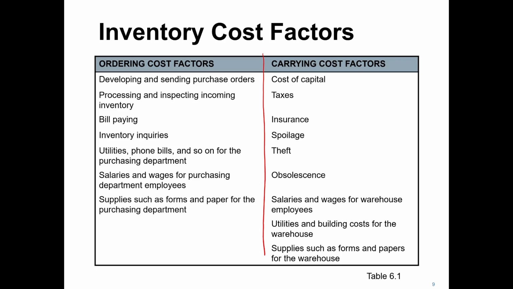As you can see, these ordering cost factors are more or less independent of the size of the quantity ordered, because the processing may take the same time, or even inspecting the incoming inventory may take a similar amount of time.